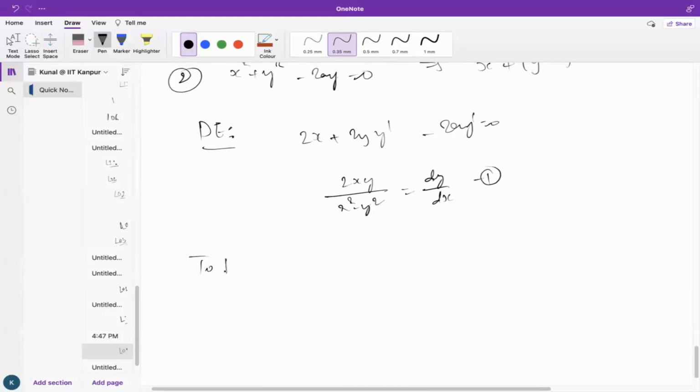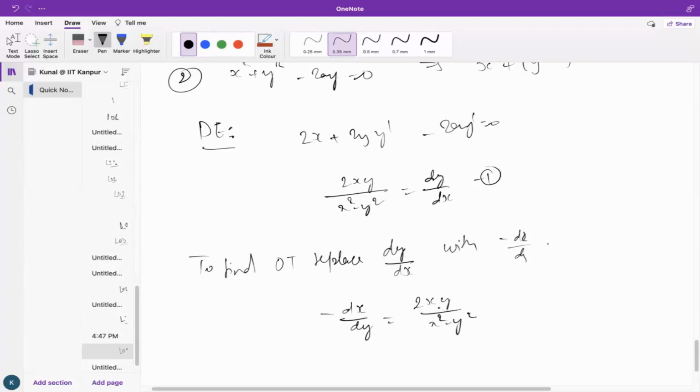To find the orthogonal trajectory, replace dy by dx with minus dx by dy. So we will get minus dx by dy is equal to 2xy by x square minus y square, and so dy by dx is equal to y square minus x square by 2xy.